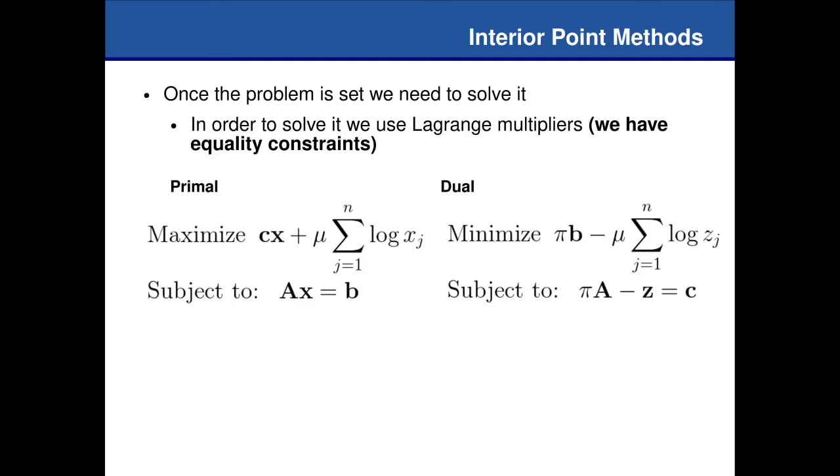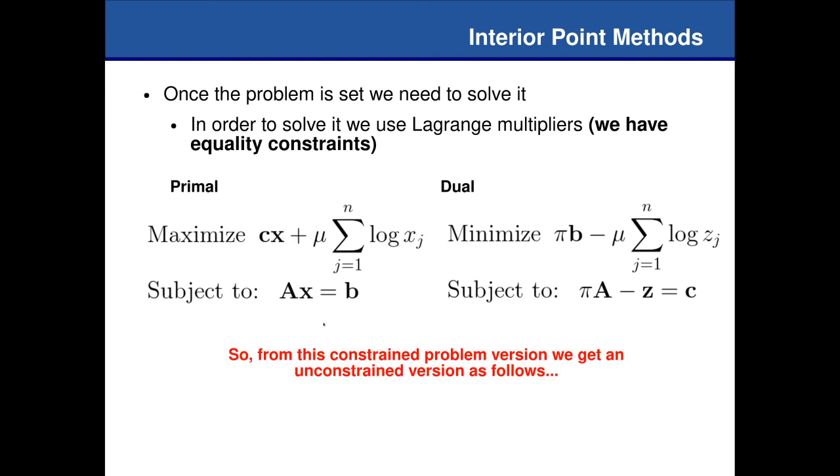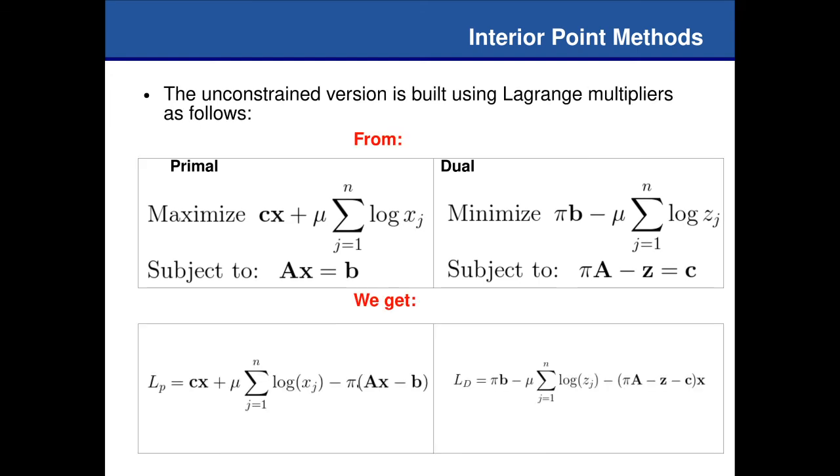To solve it, we need to build up the Lagrangian functions, of course, plugging in the constraints. So here I will have Ax minus b, since it has to be the equality, Ax minus b times pi. My Lagrangian multiplier here is going to be my variable in the dual form.